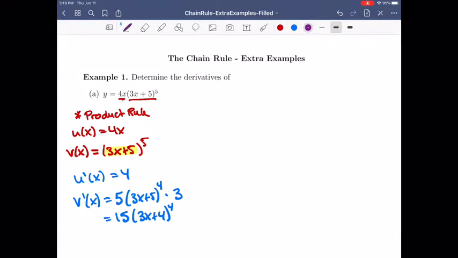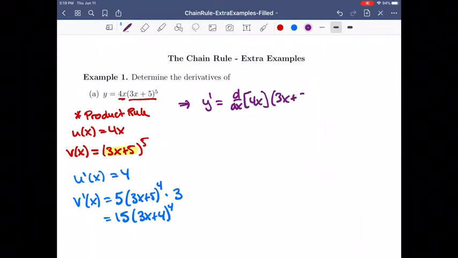Now, when we use the product rule, y prime is the derivative of 4x times (3x + 5) to the power 5, plus the derivative of (3x + 5) to the power 5 times 4x.